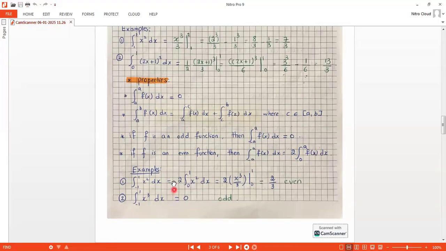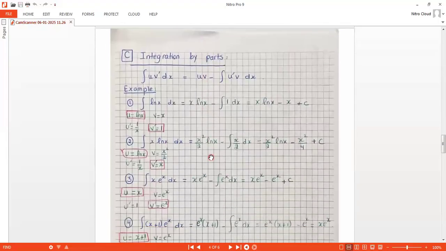Now I will start with an important part, which is integration by parts. I'm going to start with an example to understand very well why we use integration by parts. What's the integral of ln x? Okay, do you know what's the integral of ln x? No. Is it a constant?